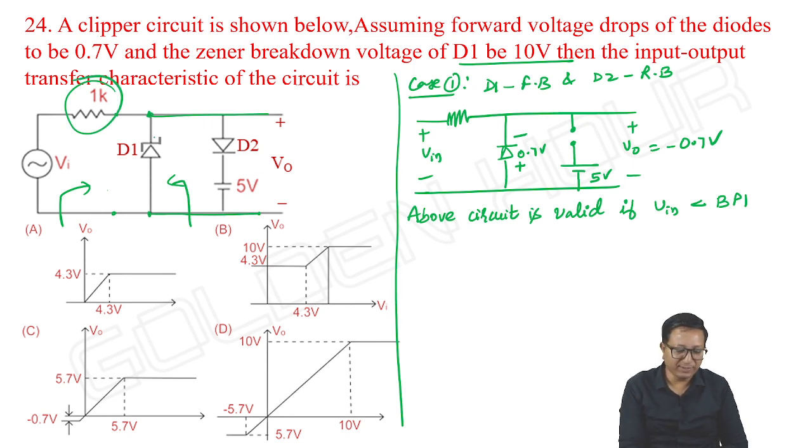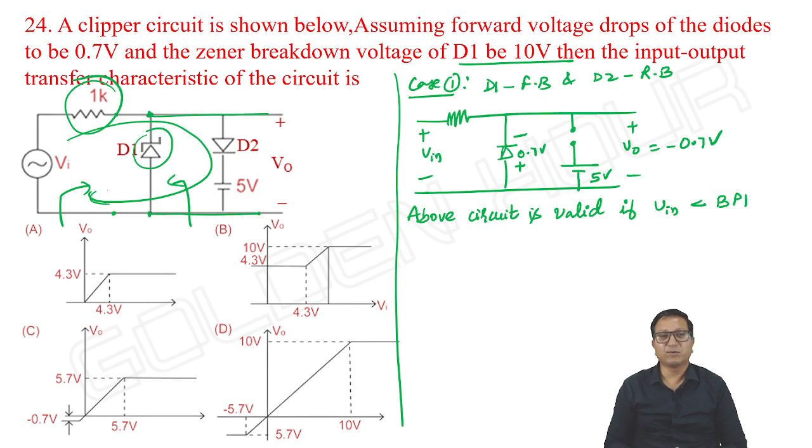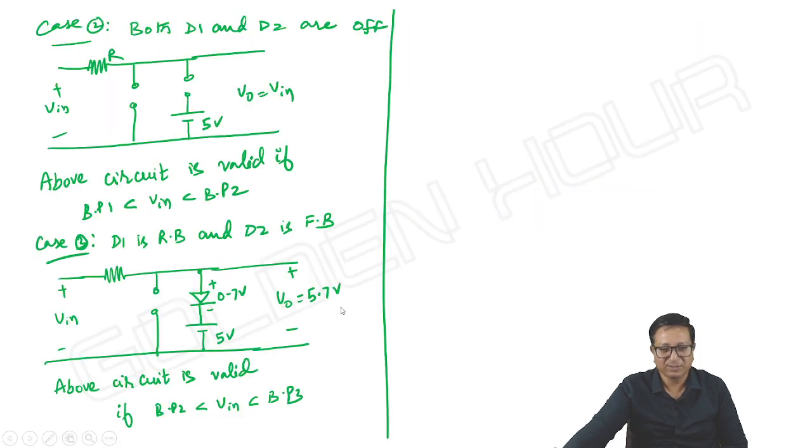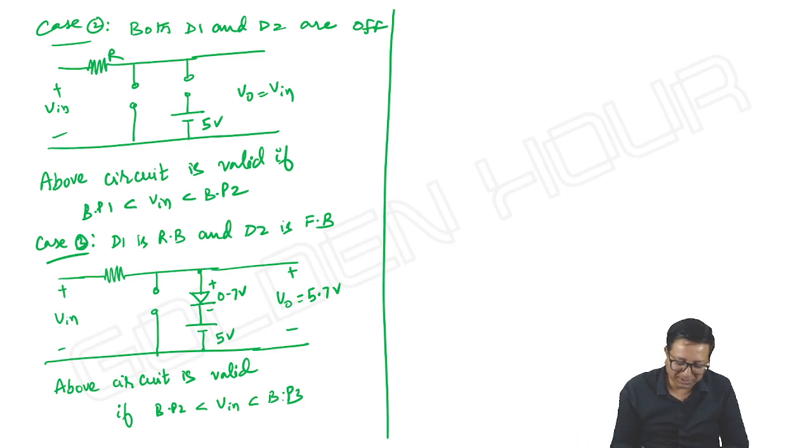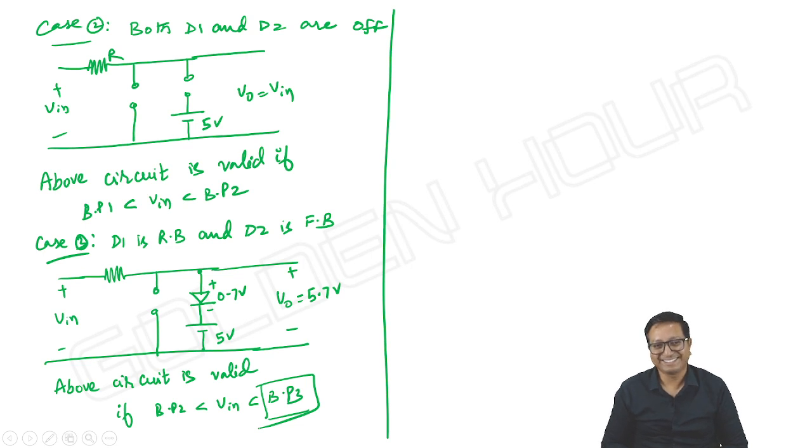D1 is anyway open circuit, and in this circuit the current keeps on increasing with increase of input. Accordingly, the voltage across the 1 kilo ohm will increase, and the overall output can take a maximum of 5.7 volts. This is the interesting point, and there is no breakpoint 3, even though I wrote it here.